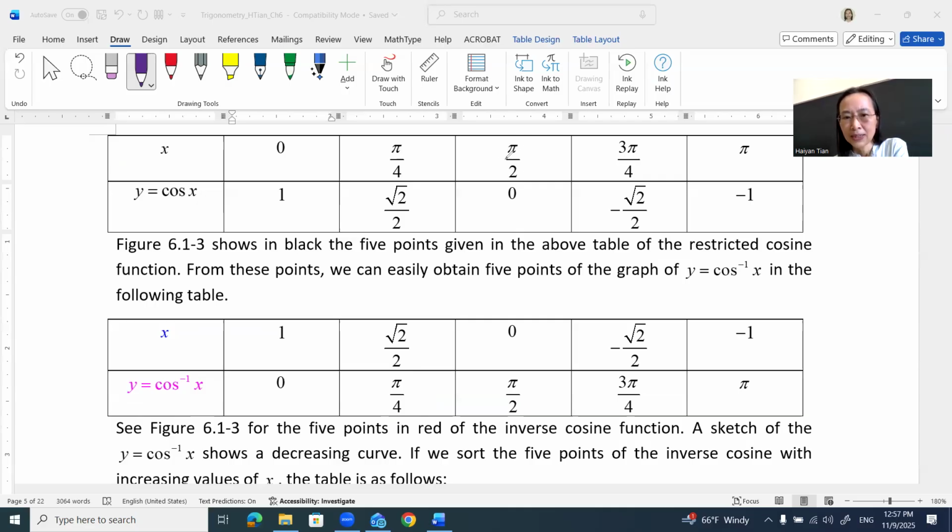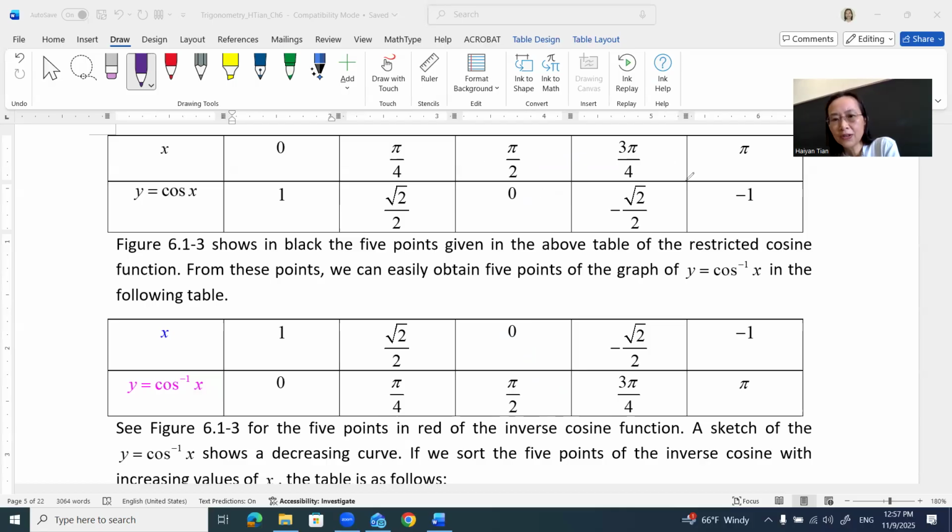Similarly, when the input value is 0, the output for the inverse must be pi over 2, right? Same idea. Whenever you have (a, b) as a point of the cosine, then (b, a) must be a point on the inverse cosine.